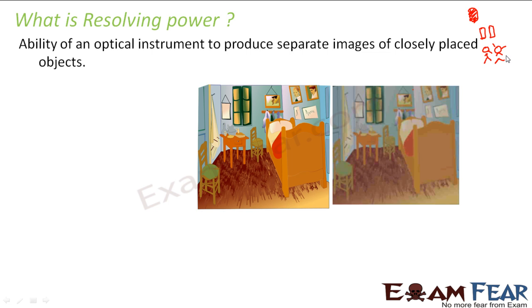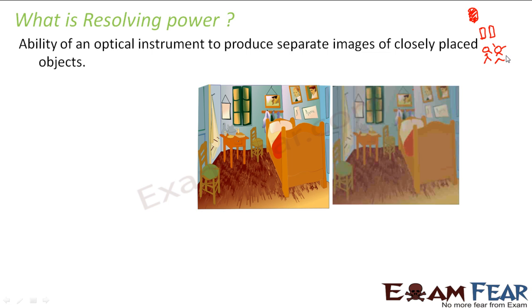For example, if you observe this house, in the first image you can see everything clearly. Whereas in the second one, everything is hazy, everything is unclear. That's because the resolving power of the instrument with which you are viewing the second image is not good. So better resolving power means the clarity of the picture is better, so you can see every distinct thing clearly.